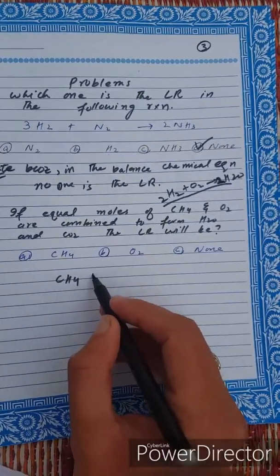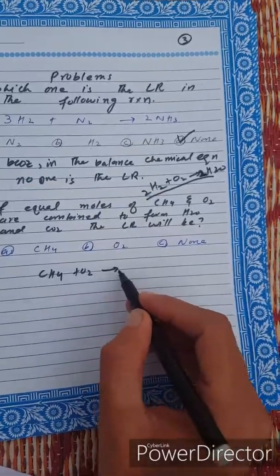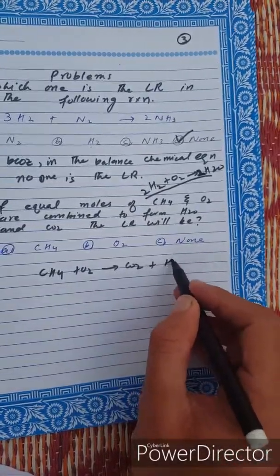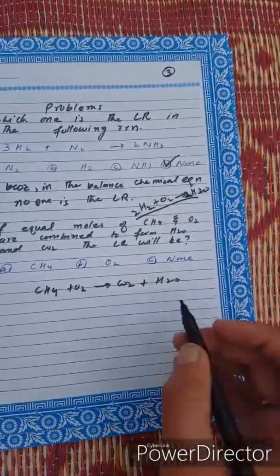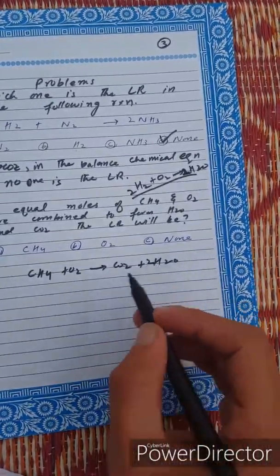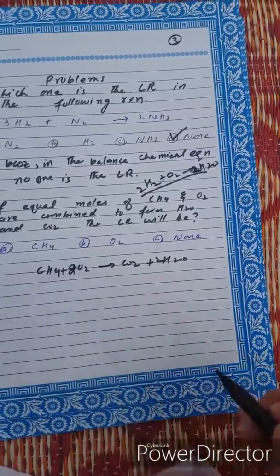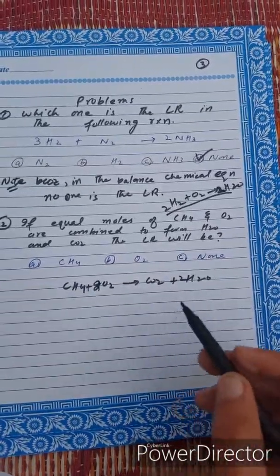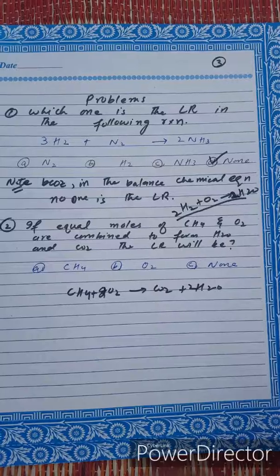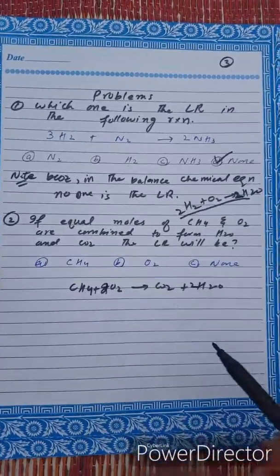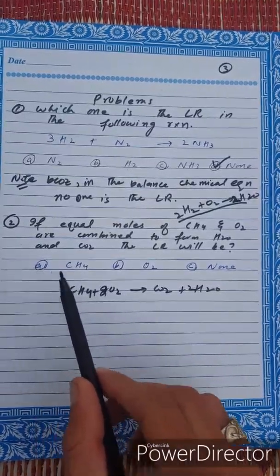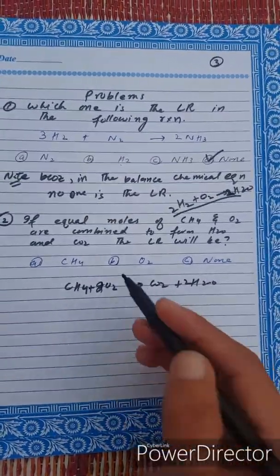Methane combined with oxygen gives us carbon dioxide and water. So let's balance it. Now it is balanced. Okay, so in this question the limiting reagent is oxygen.